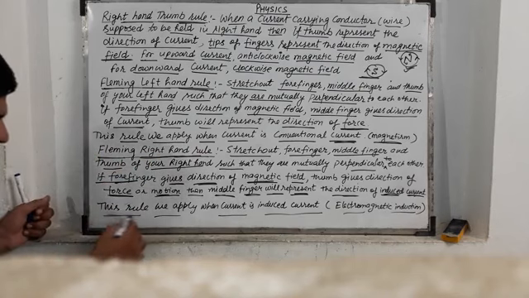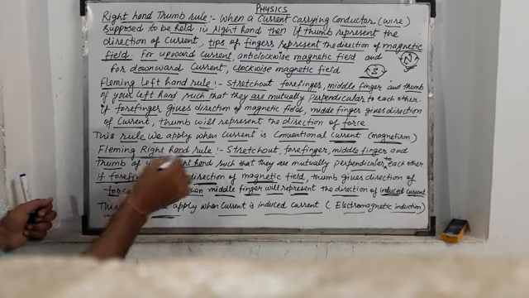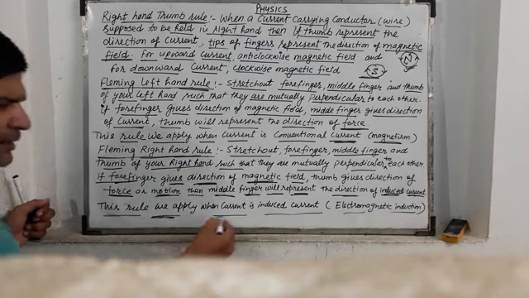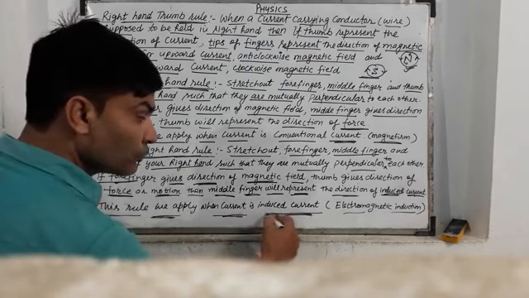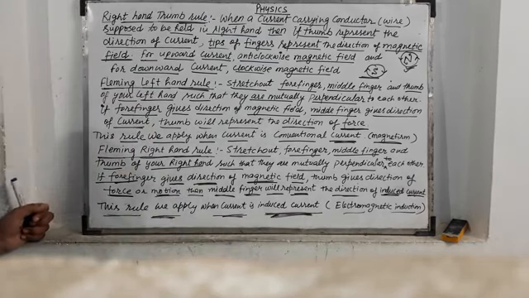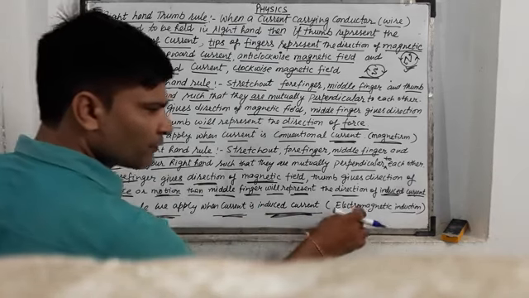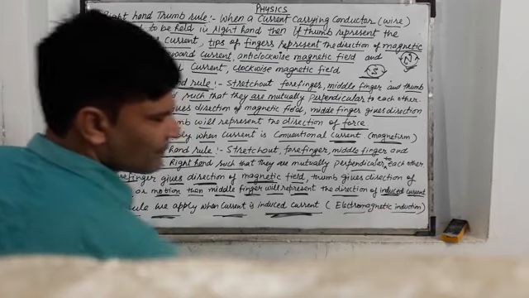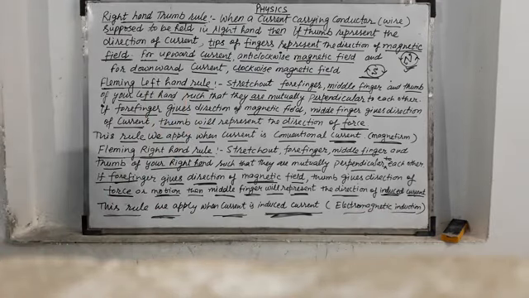Always remember this. Fleming right hand rule we apply when current is induced current, and the current is induced when the phenomenon is electromagnetic induction. Always remember this.